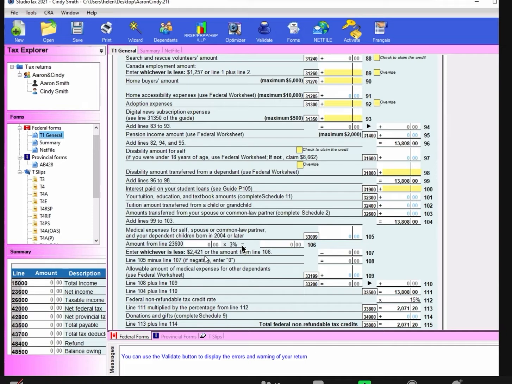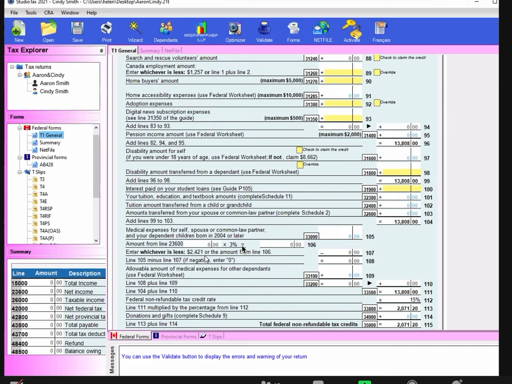That means the maximum amount is 2,421. If less than that, they take 3% of your net income. If 3% of net income is bigger than 2,421, they subtract this one. Every year they change this number, they increase it.